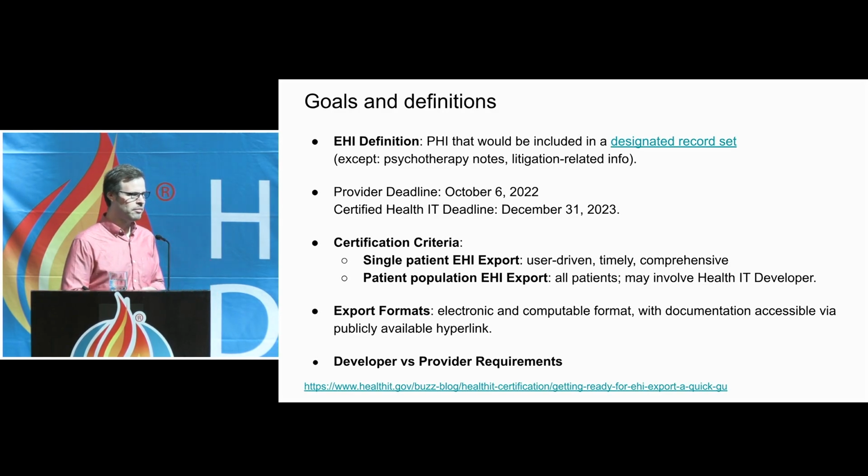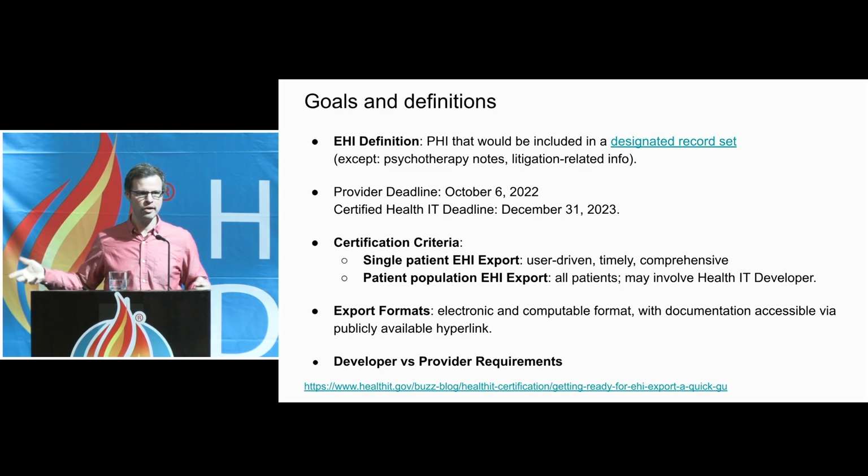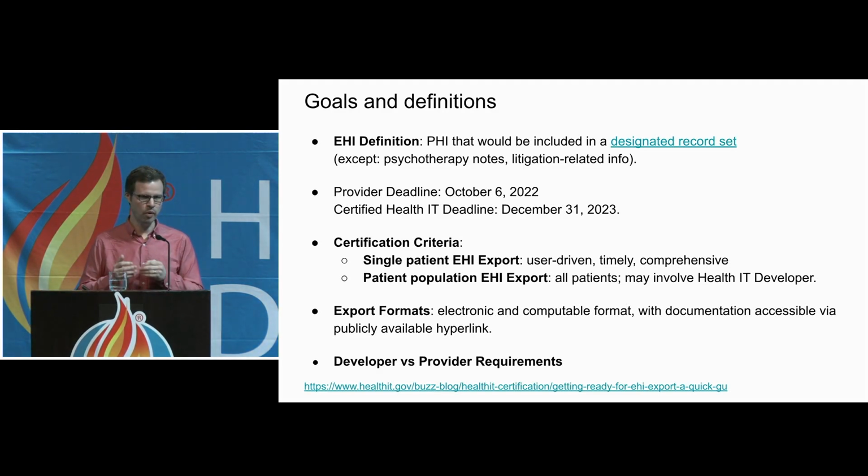Now, at the same time, a requirement was introduced for EHRs, for certified electronic health modules that maintain electronic health information. Those modules also need to be capable of performing a software function of exporting the data. That has to work at the level of an individual to export one person's data, or at the level of a population to export everyone's data.